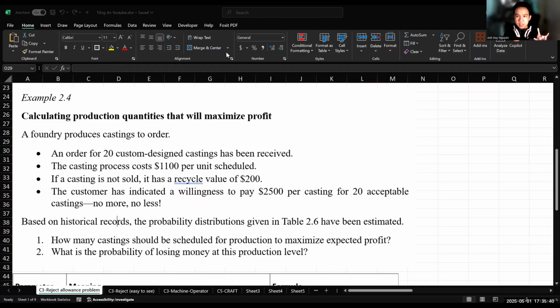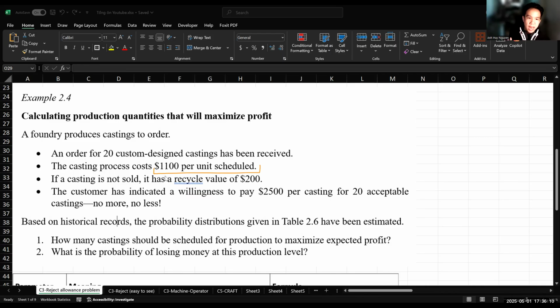So here is the problem I want to show you. The example. So in this case, you are still a foundry factory and you receive an order of 20 castings. Your customer wants you to produce 20 castings for them. And the production cost for you is $1,100 for each unit produced.